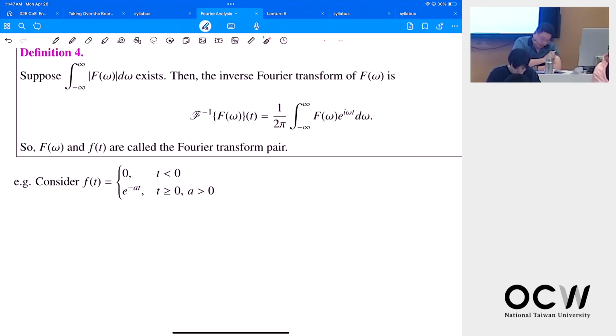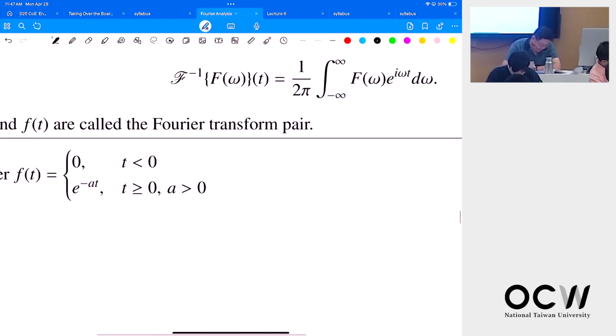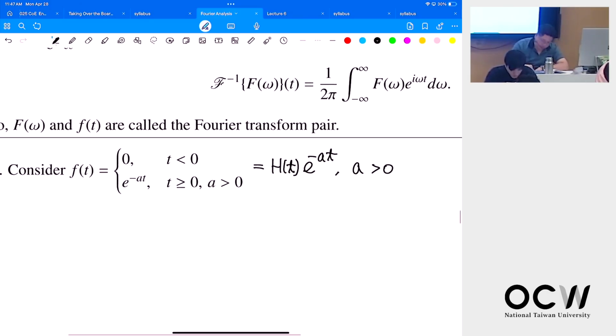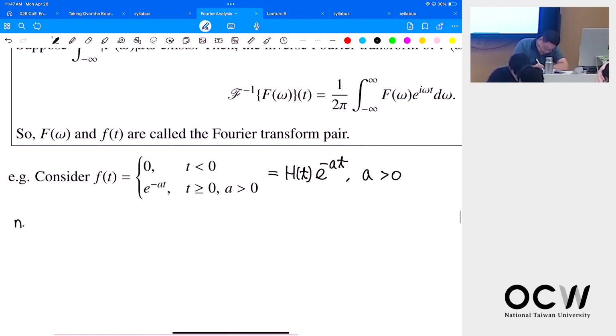We can express this function using the Heaviside function, or we say step function, to re-express that. This one, I can write it down as h of t e to the minus at, and then we say a is greater than 0. This is called Heaviside function.